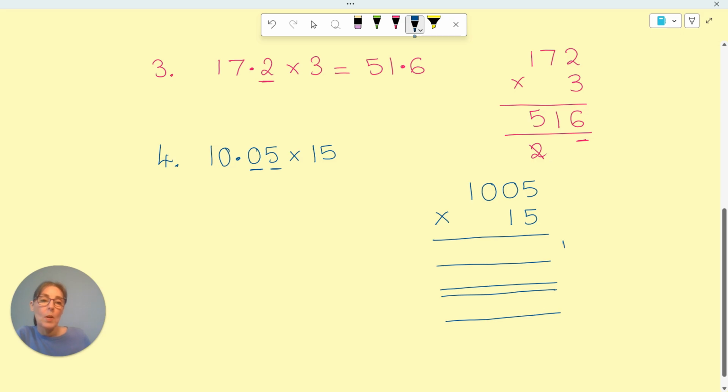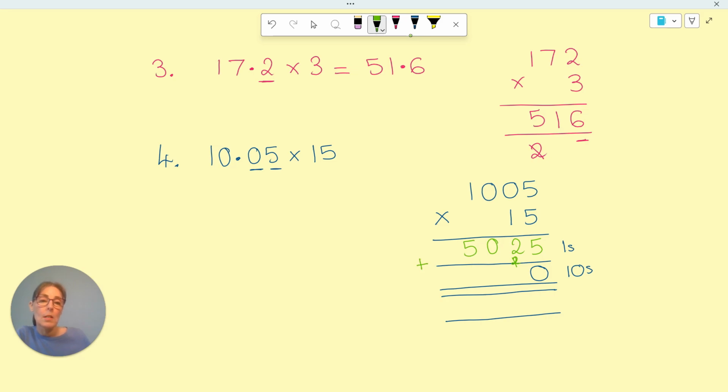Okay, so I've got my ones, or units, and my tens here. So for my tens, I'm going to put my 0. 5 times 5 is 25. 5 times 0 plus 2 is 2. 5 times 0, 5 times 1.